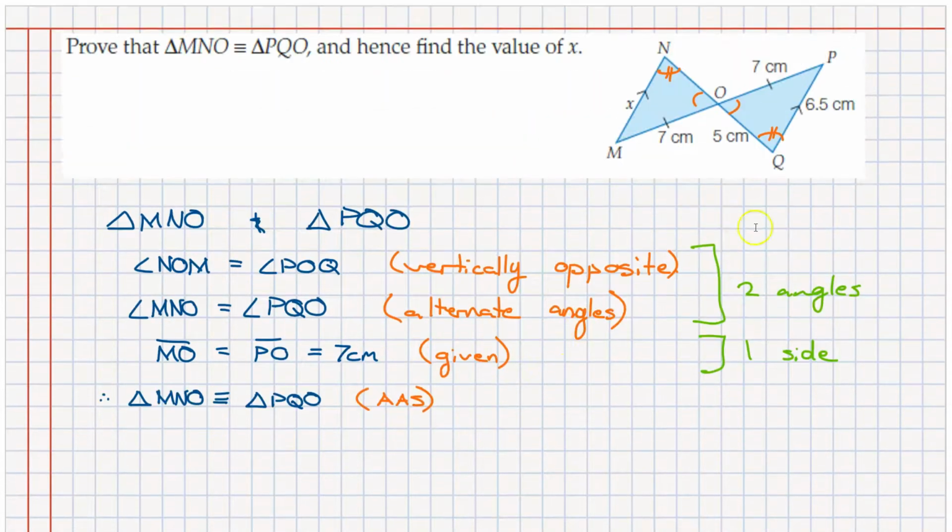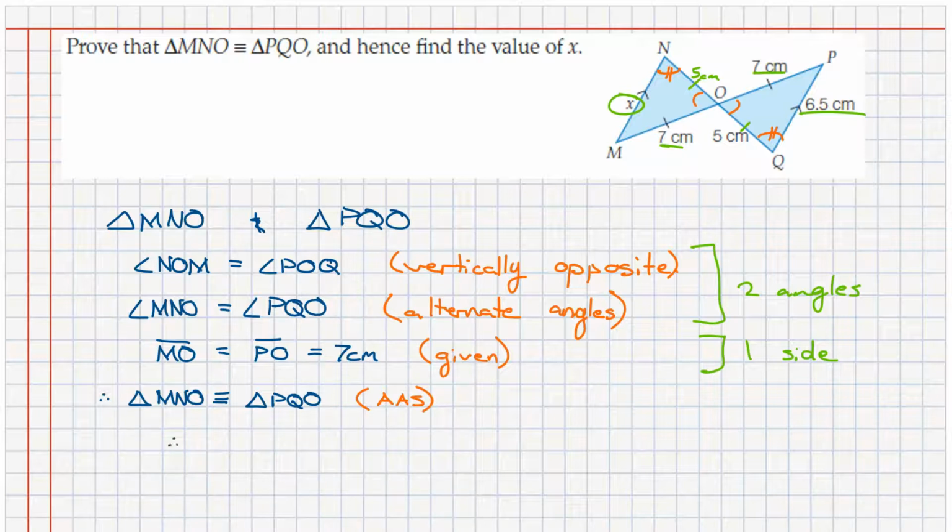Now next step is, because we know that both of these triangles are congruent, what that means is that all of the sides in the triangle are going to have counterparts. So notice that this 7 here, its counterpart is over here, and this side here, its counterpart's going to be there, so that's 5 centimeters. And this side over here, it's 6.5, which should be the counterpart to x.